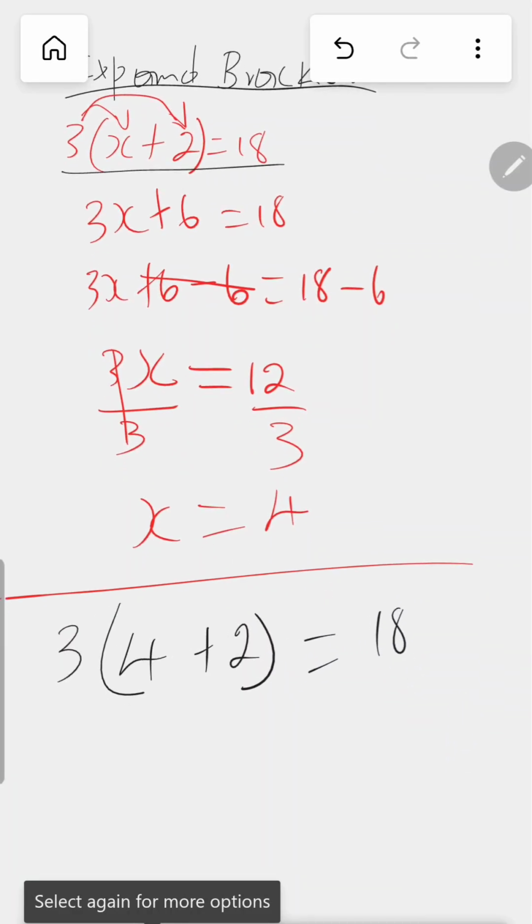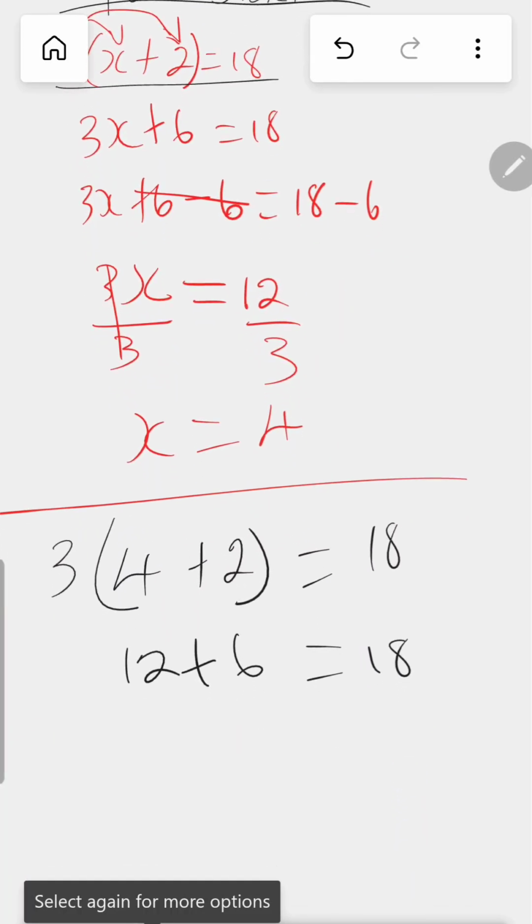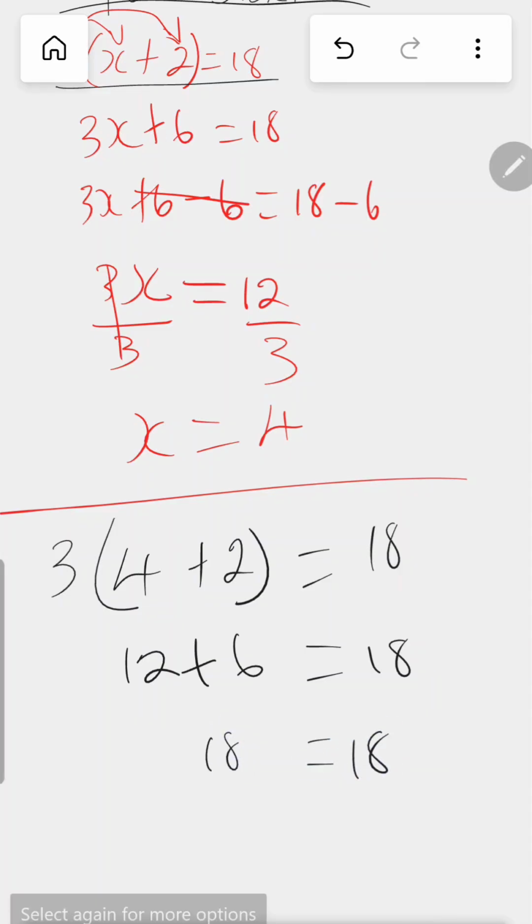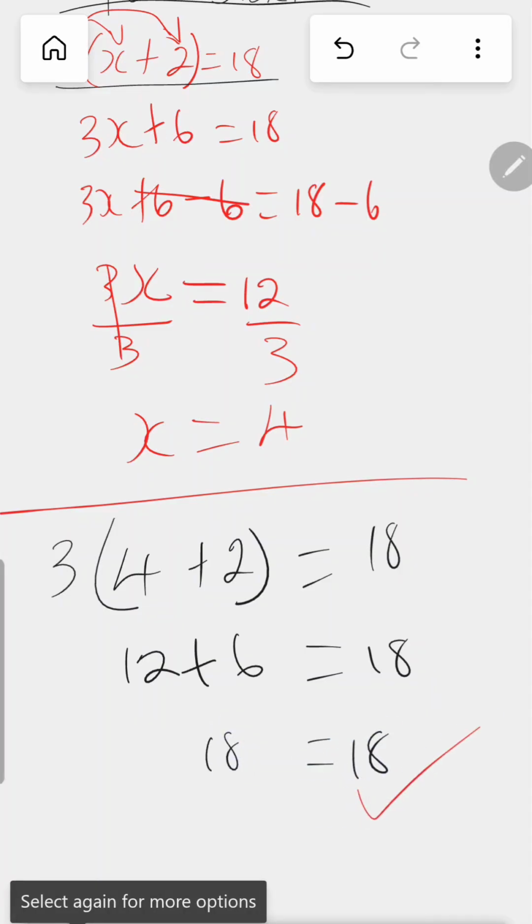Now you go ahead and you do your calculation, and we multiply whatever is in the bracket by 3. 3 4s is 12, plus 3 2s is 6, equal 18. And if you add 6 plus 12 gives you 18, which is equal to 18. So that tells you that that answer is correct.